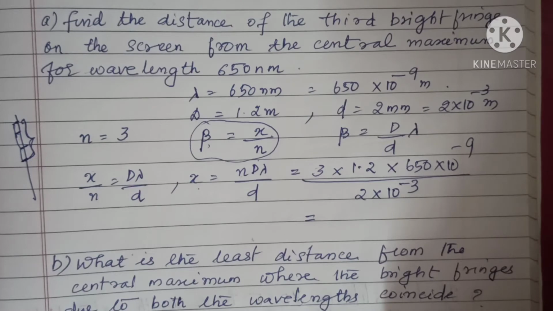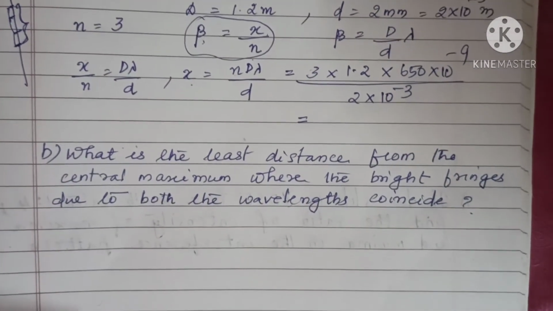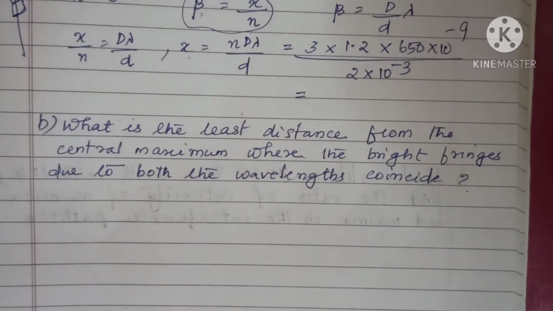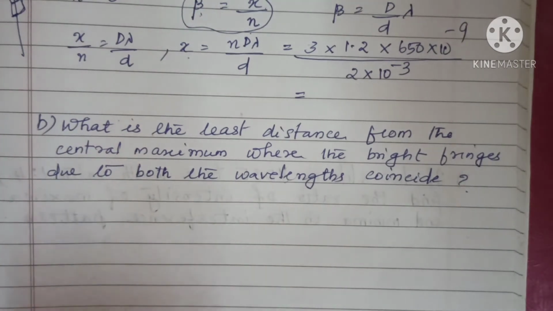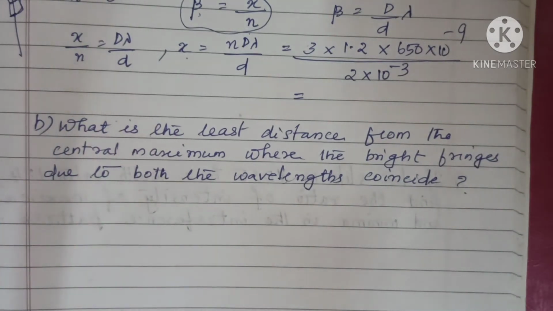Clear? Now the second part is, what is the least distance from the central maximum where the bright fringes due to both the wavelengths coincide?